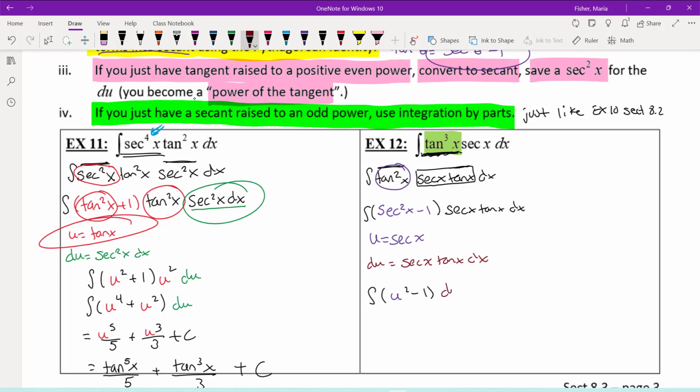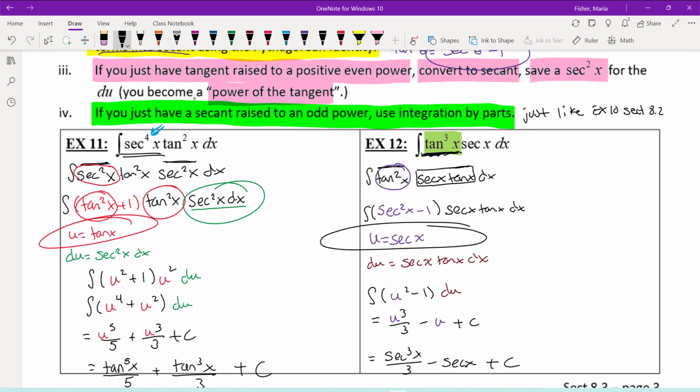And this is something we can integrate. Integrating, we get u cubed over 3 minus u plus c. Getting out of u's and going back into x's, we end up with secant cubed x over 3 minus secant of x plus c.